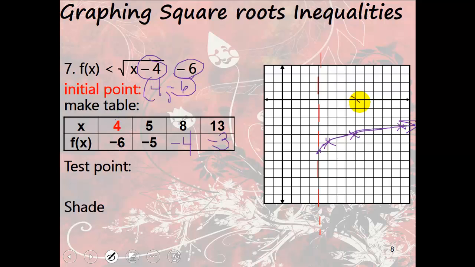Okay. -8, 0. So when I plug in a 0 for y, is 0 less than -4? Is 0 less than -4? That's false. So I'm going to shade away from that point or on the other side of that line.